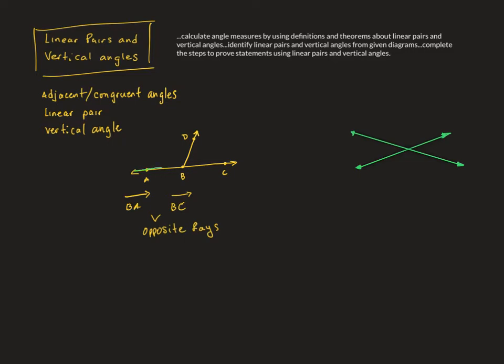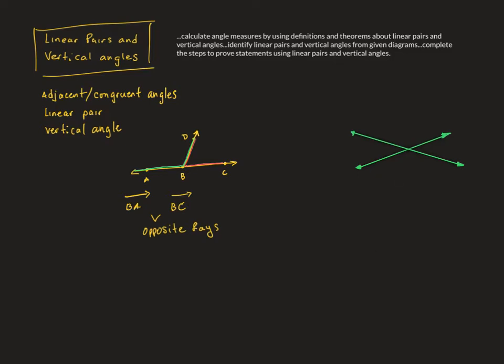I have angle ABD and angle DBC, and their two non-common sides, BA and BC, form opposite rays, and that's what makes those a linear pair. Two angles that together form what appears to be a straight angle, or 180 degree angle. So that is looking at my linear pair.